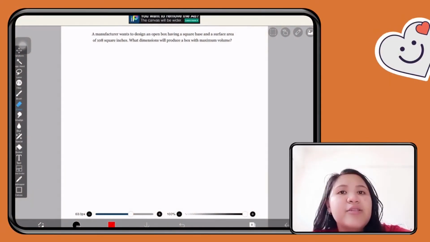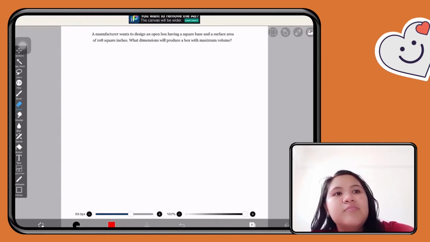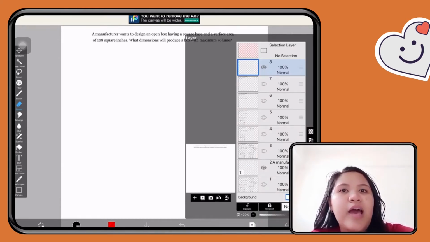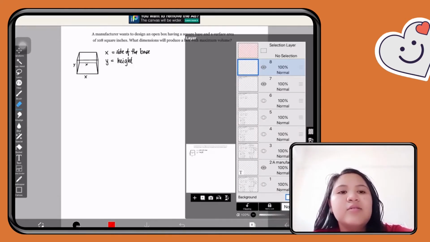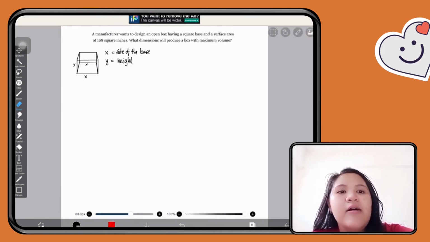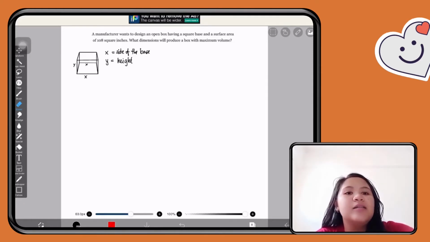A manufacturer wants to design an open box having a square base and a surface area of 108 square inches. What dimensions will produce a box with maximum volume? First we have to draw the figure, the box. So we draw a box with a square base.